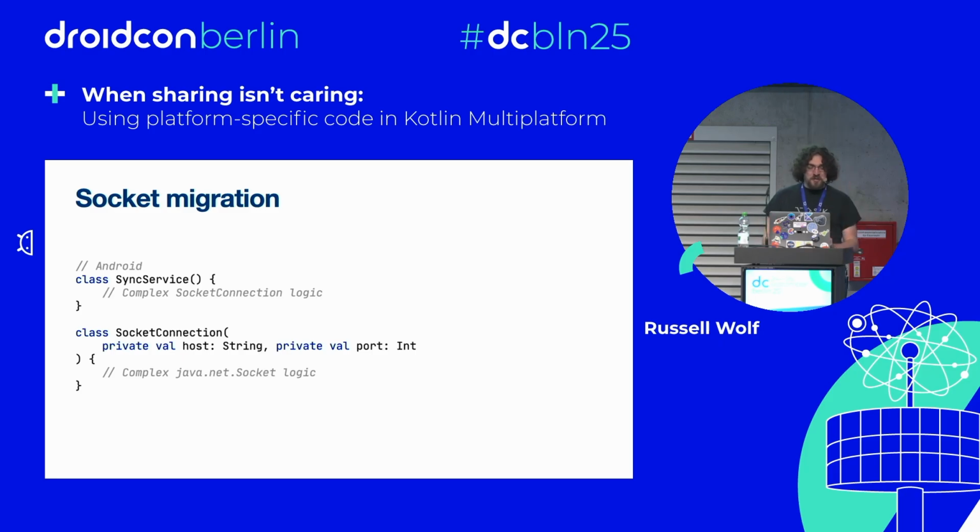These two classes weren't super well abstracted, and we wanted to find a way to share the sync service logic and as much of the socket connection logic as we could, but we needed to break that Java dependency. And on top of this, there was a bunch of complicated data sync operation logic that was making use of all these classes, and we wanted to move as much of that as we could into shared code.